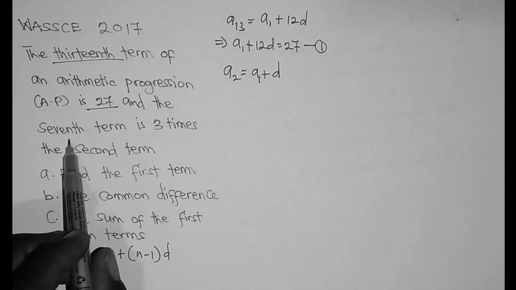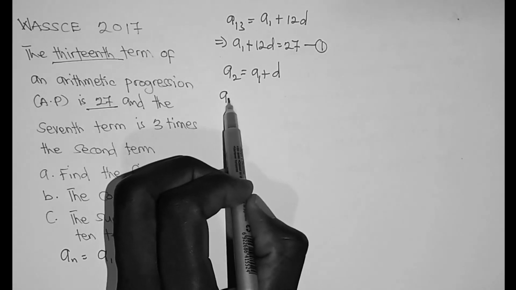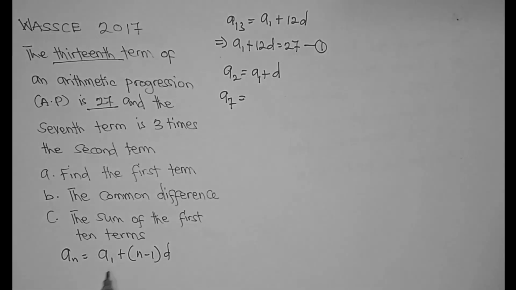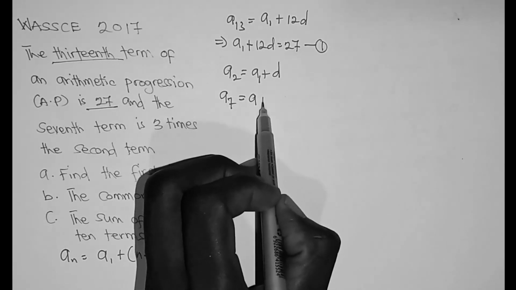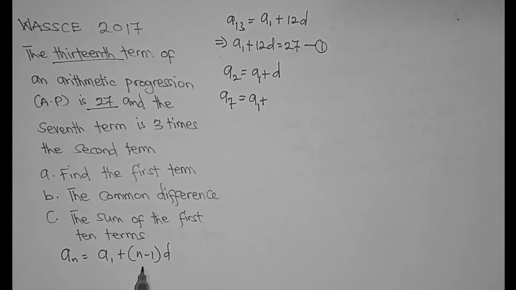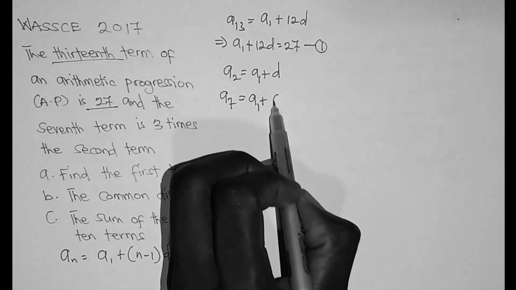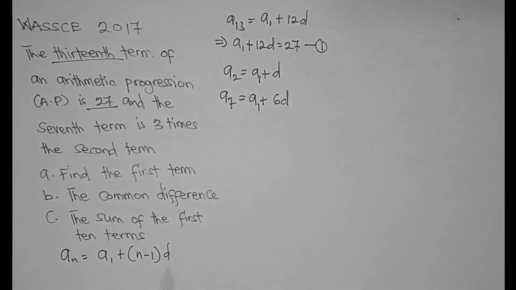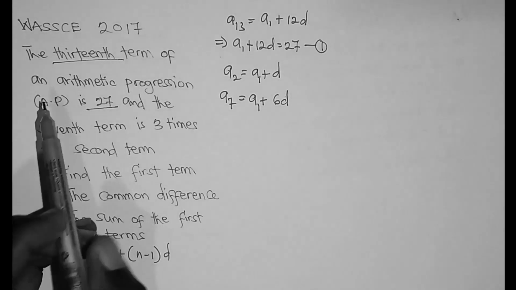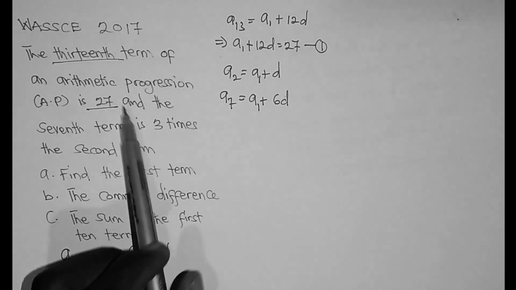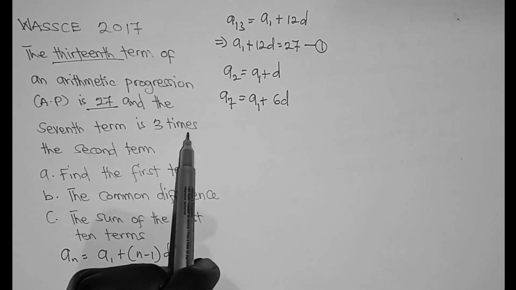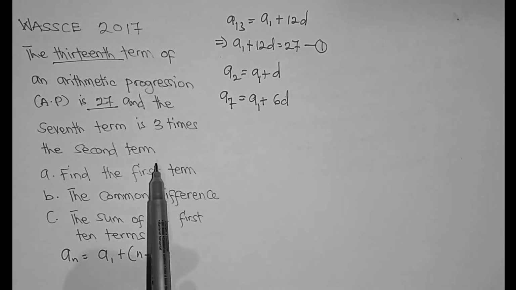Then he says the 7th term, so let's find A7. A7 is equal to A1 plus, n in this case is 7, 7 minus 1 is 6. So A1 plus 6d.